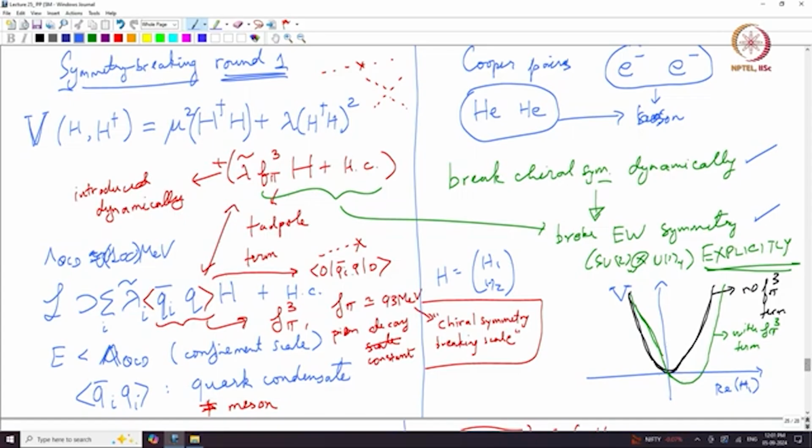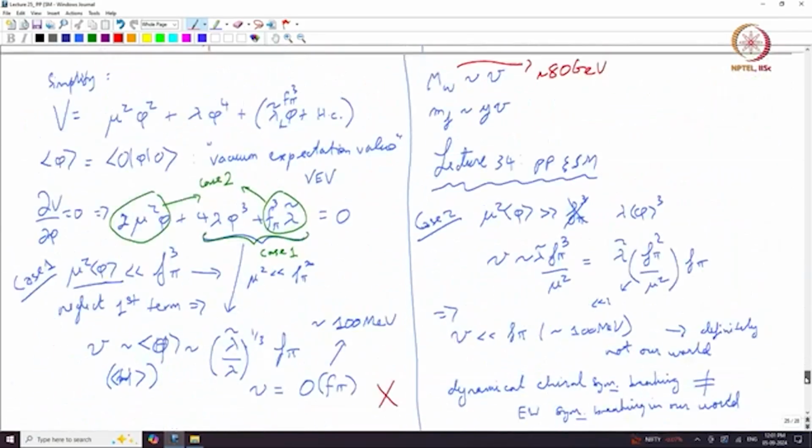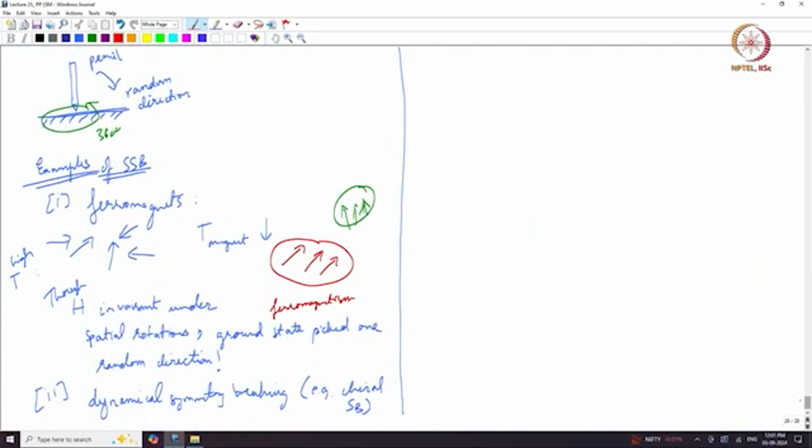So, even the chiral Lagrangian actually has a degeneracy in the vacuum, and you had to pick one particular configuration of q bar q such that you gave it a single vacuum expectation value. So, even dynamical symmetry breaking is actually one case of spontaneous symmetry breaking, okay. Very good.